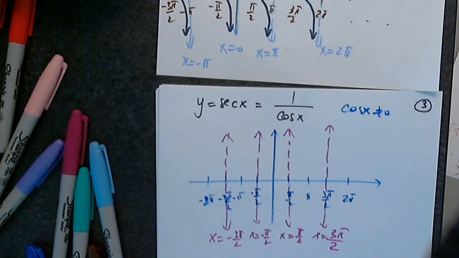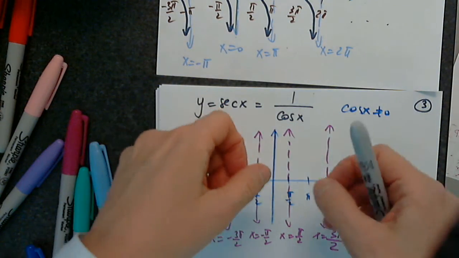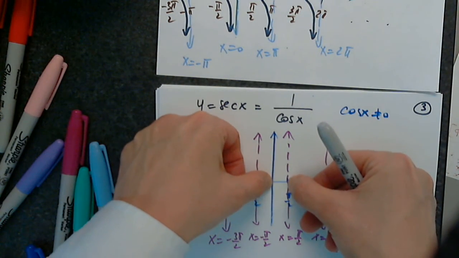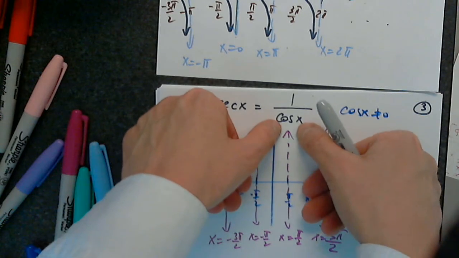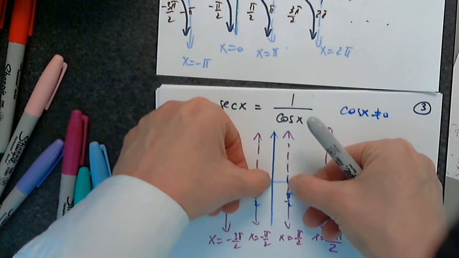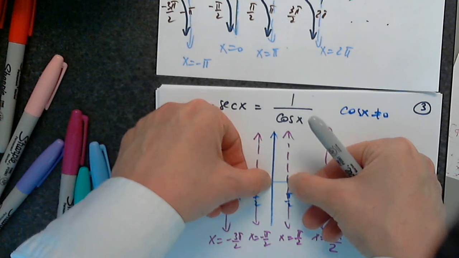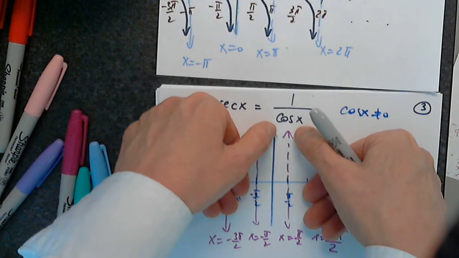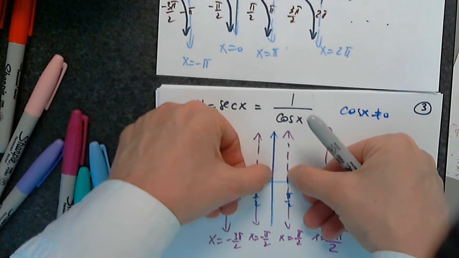Ready? Okay. What quadrant is this? 1. What is the sign of cosine in the first quadrant? Positive. Correct. What is the maximum possible value of cosine being positive?